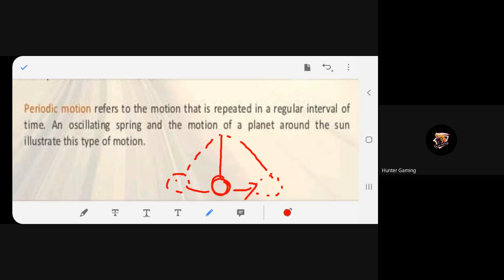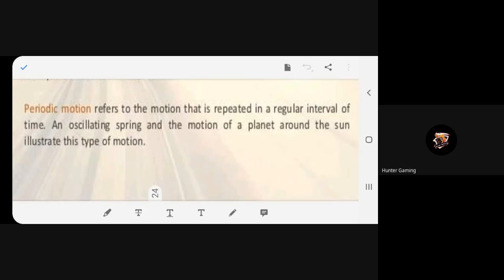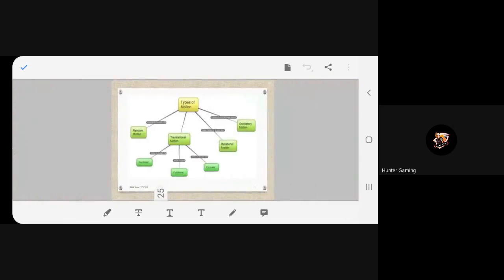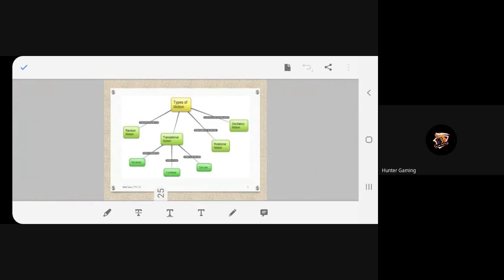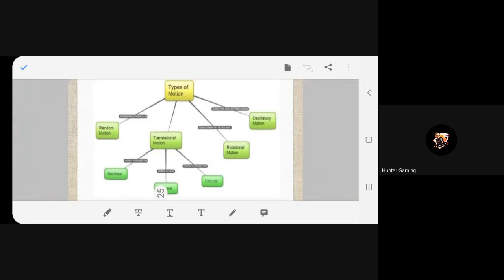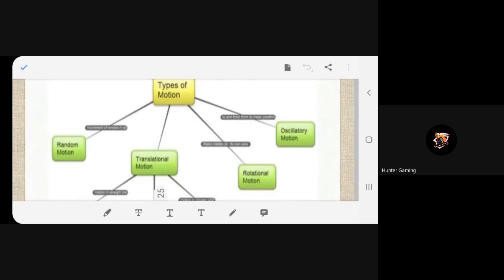So this is also periodic motion. So the motion which is repeated in a fixed interval of time is called periodic motion. Earth moving around the sun is periodic. How many days? 365 days. It never changes, isn't it?